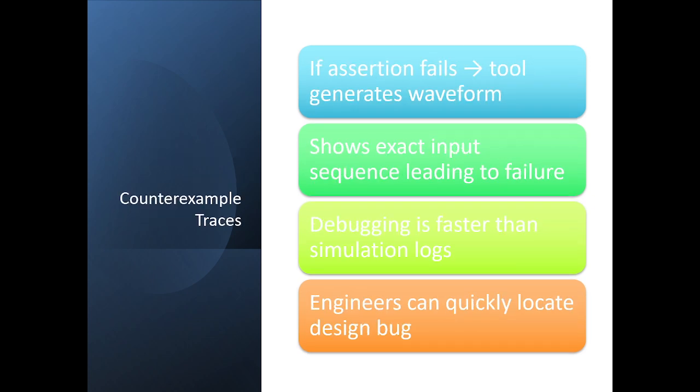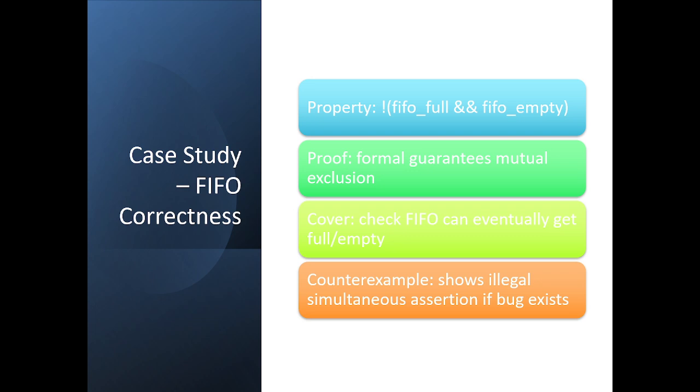In counterexample traces, when a property fails, formal tools generate a counterexample trace, like a waveform showing how the design fails. This is extremely helpful for debugging because it pinpoints the exact sequence that violates the property. We then analyze whether the bug is in the RTL or the assertion.